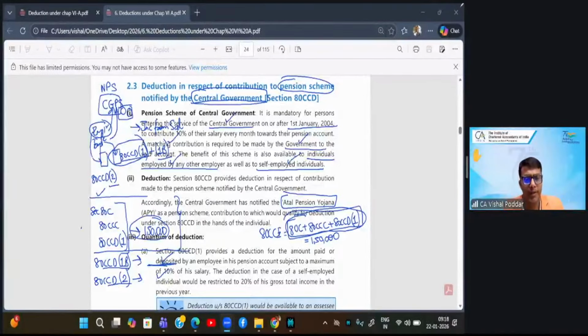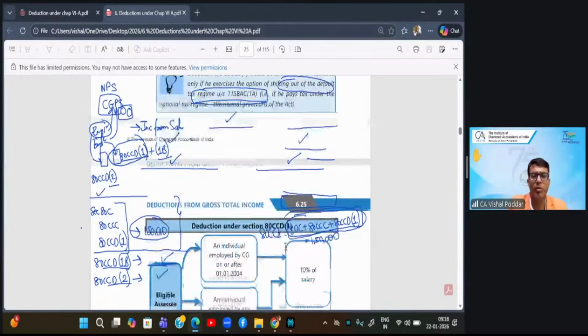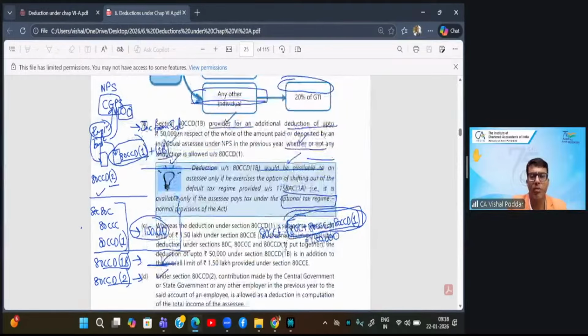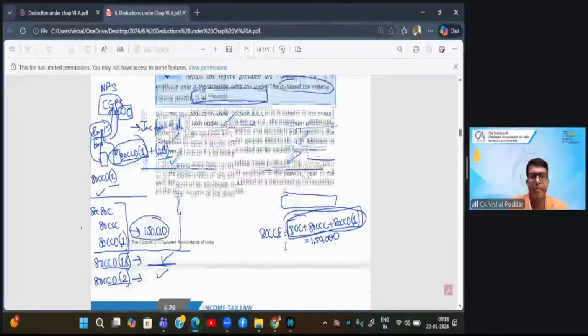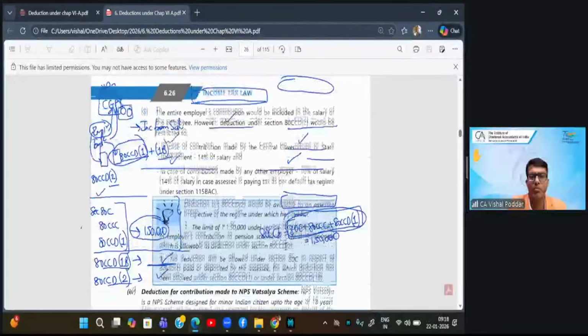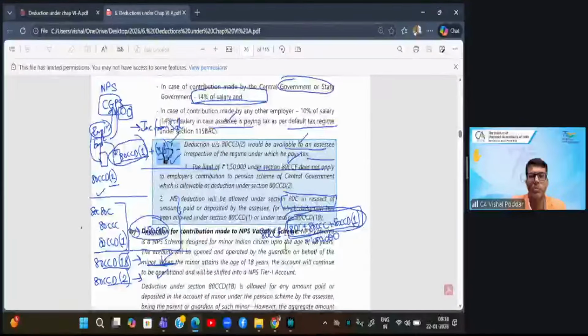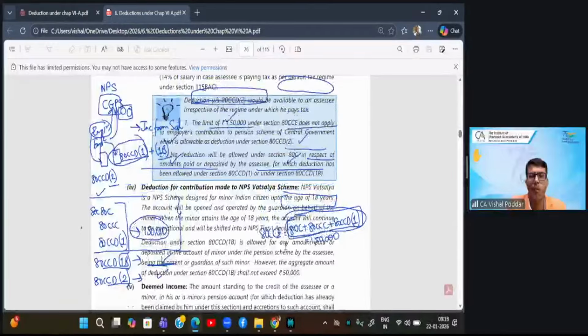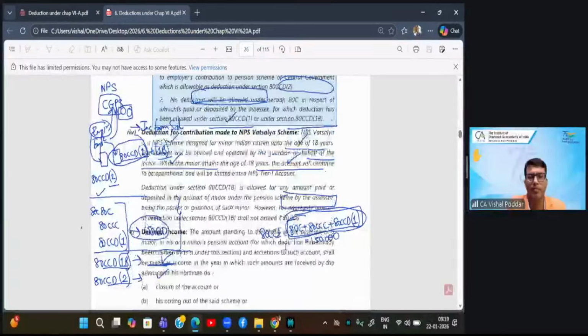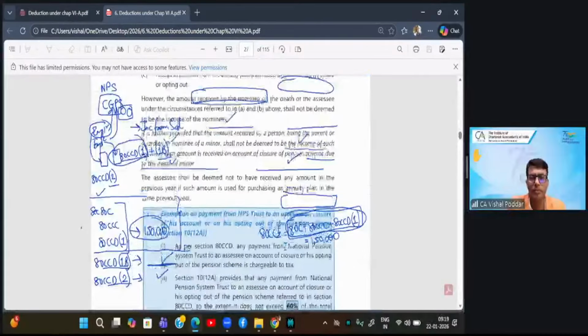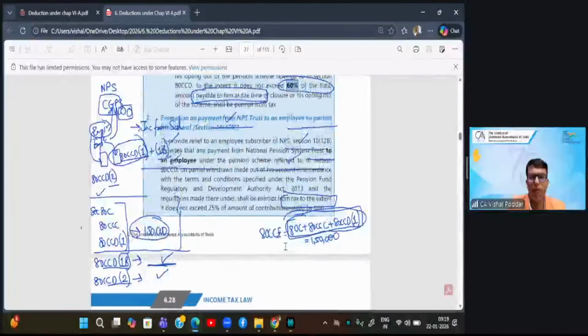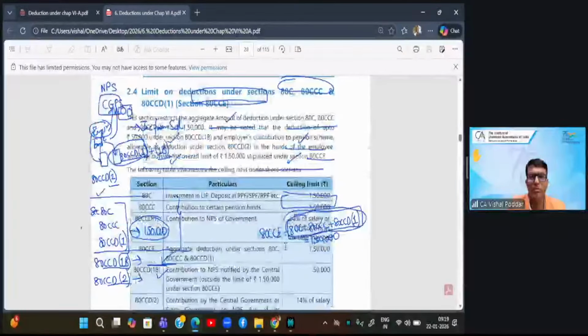Now comes the interesting point. The interesting point is there is some amount limit, as you can see over here. All right, I'll just show you where these amount limits are given in our module. I think it is here. See.